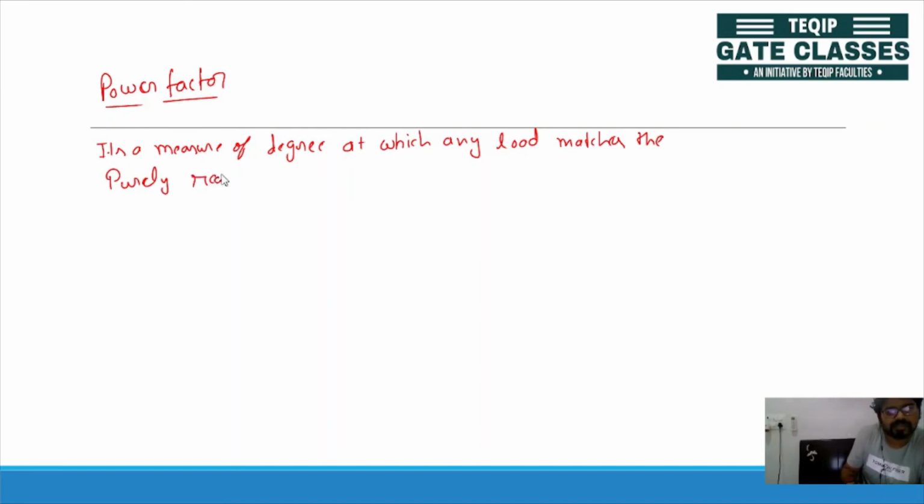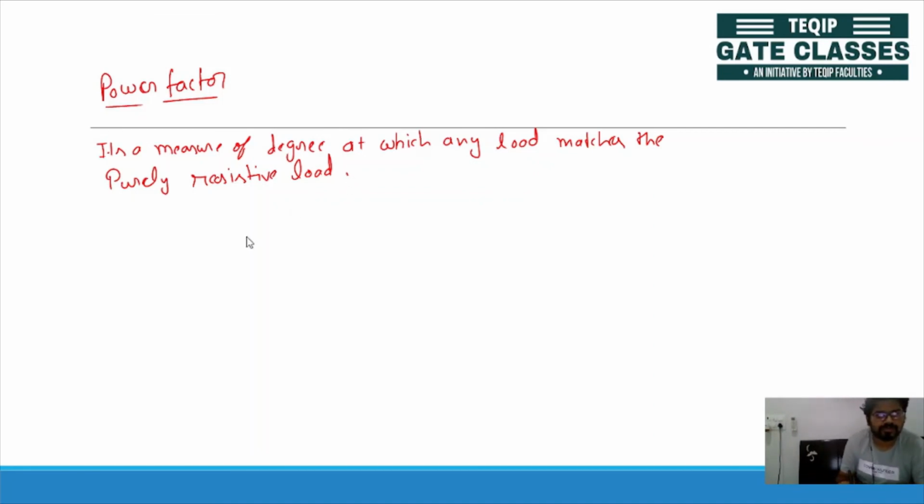Purely resistive load means in a purely resistive load you get the maximum average power, but in a mixed load like RL, RC, you get somewhat less average power. So how much your load matches the purely resistive load, that is the power factor.